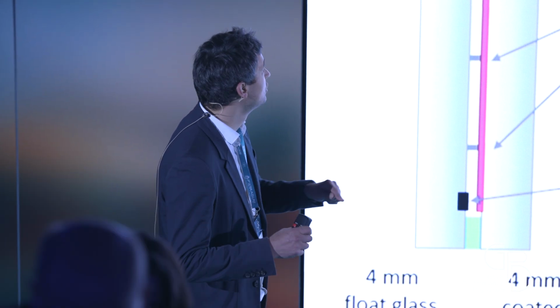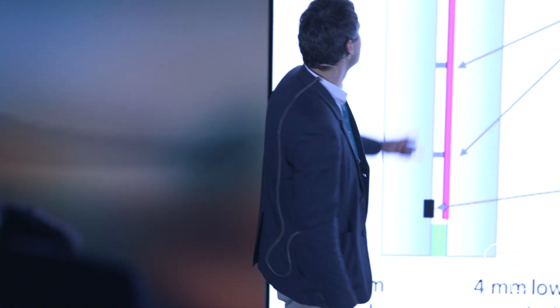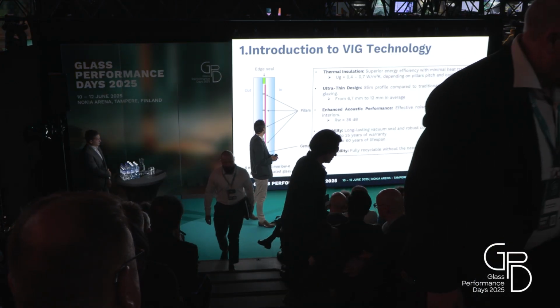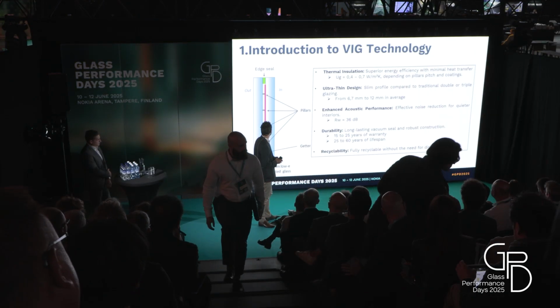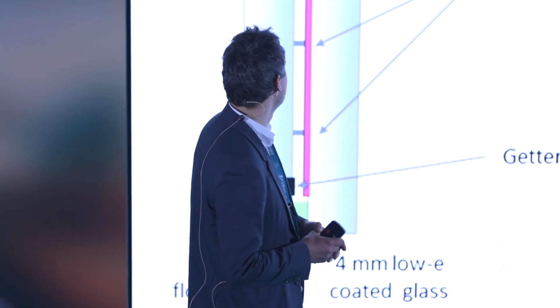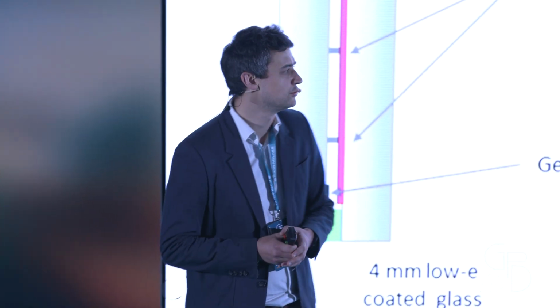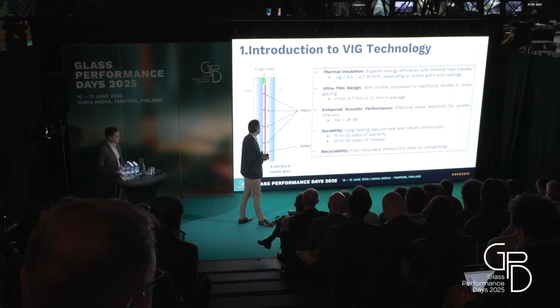To avoid the two sheets of glass collapsing on each other, because of the atmospheric pressure, we will introduce pillars between the 2 glasses on a grid, which can have between 12 millimeters and 50 millimeters pitch.